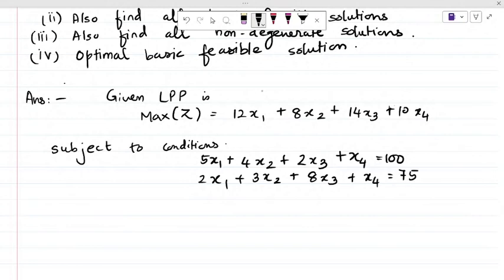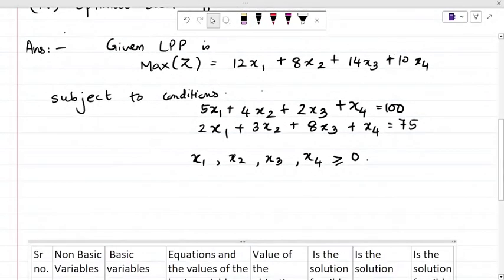These are the two conditions given to us, along with the non-negativity conditions: x1, x2, x3 and x4 are always greater than or equal to 0. Now we mention all the things that are required here. First, how many equations are there? We have two equations and four variables.